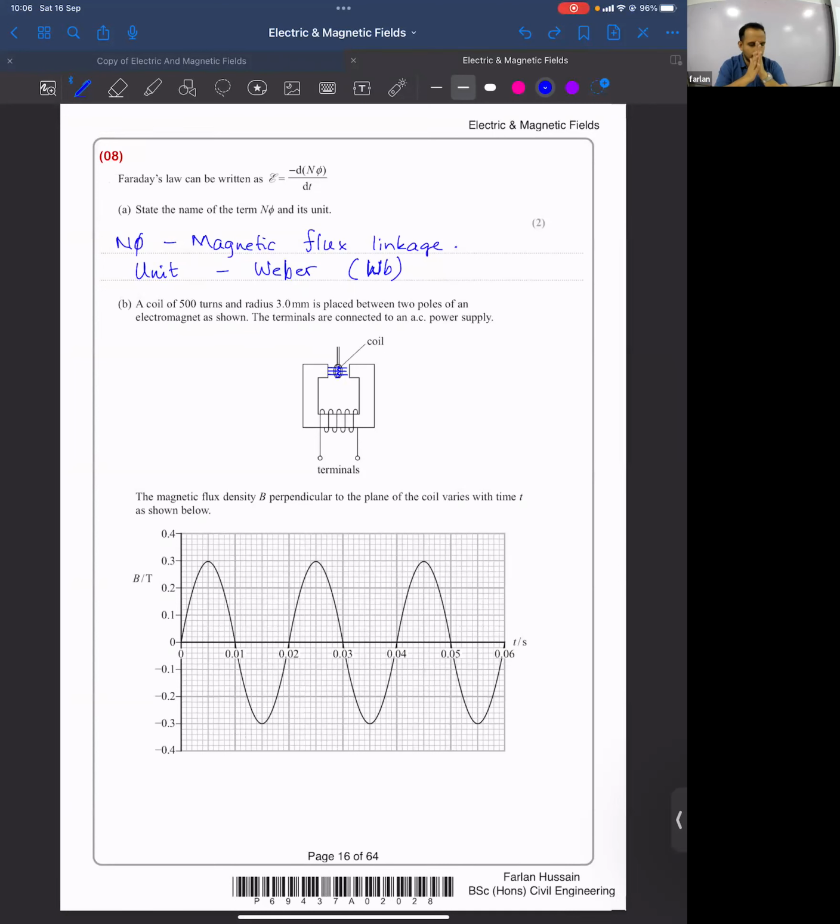I'll give you 2 minutes. Don't write anything. Just read the question. Think about the question. Just tell me how it can be done. Don't write. Just think about how it can be done. At which point? At which time? 2 seconds.